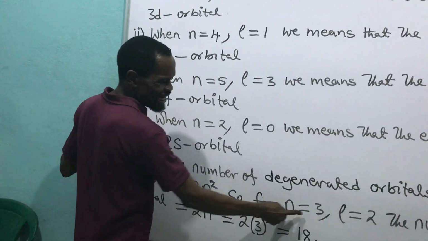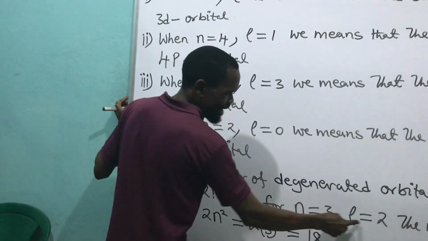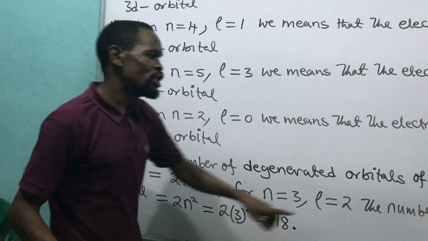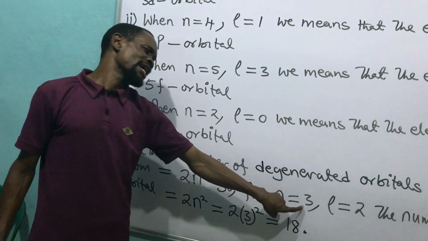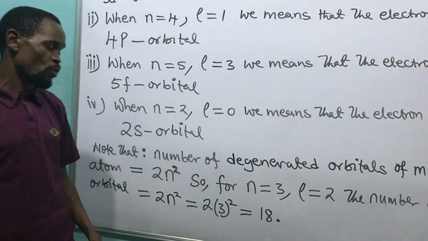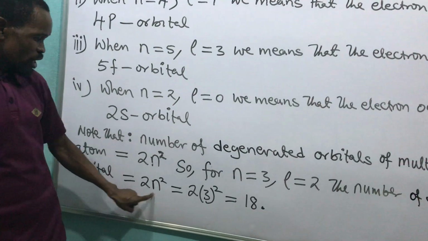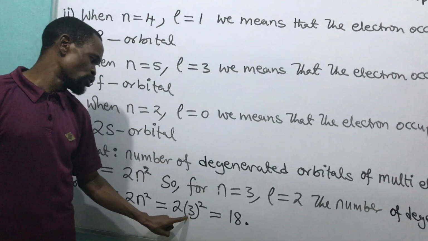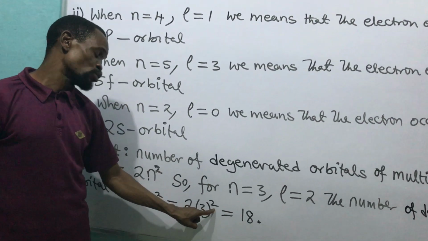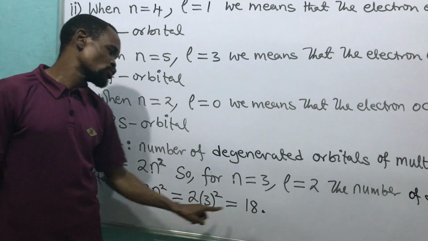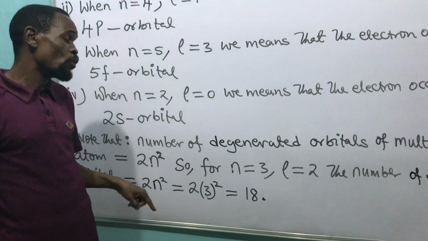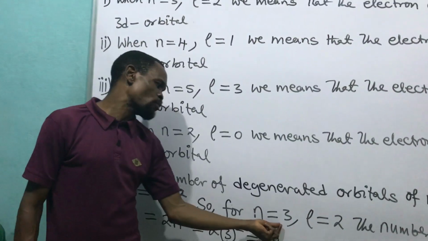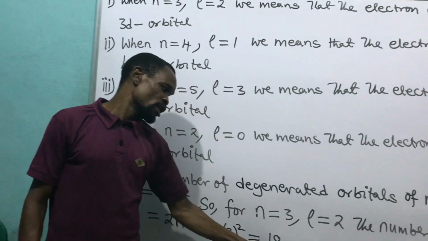So for n equals 3 and L equals 2, this n is now 3, we put 3 here, it becomes 3 raised to power 2, gives 9. 9 times 2 gives 18. That means the number of degenerate orbitals for n equals 3 and L equals 2 is 18.